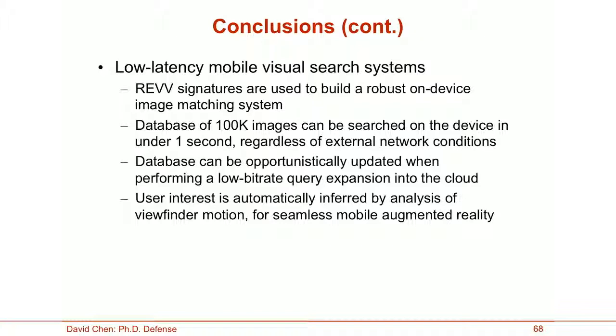And this database can be opportunistically updated when low bitrate query expansion is performed. These systems are automatically inferring the user interest from a motion analysis of the viewfinder frames, so the user never has to press a button, and overall, a seamless mobile augmented reality experience is created.